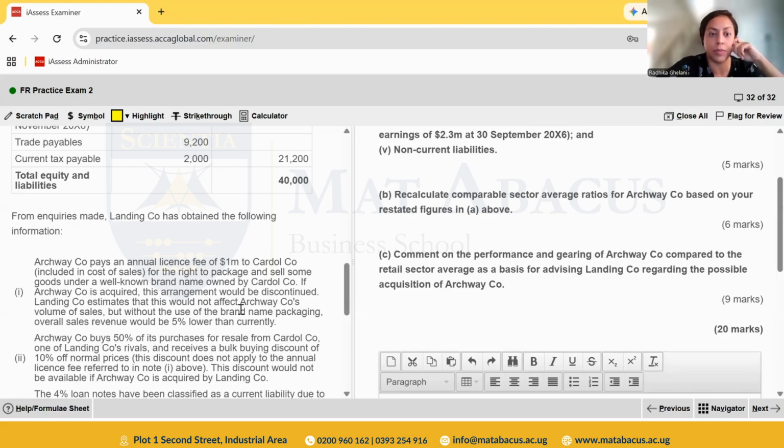Okay, so remember, this is a case where Landing is considering the acquisition of Archway, and note 1 is telling you that currently Archway is under an arrangement where they give 1 million to a company called Cardol for their brand name. Okay, but the moment Archway is going to be acquired, that arrangement will be discontinued, and they're saying as a result of discontinuing, the overall sales revenue would be 5% lower than currently.